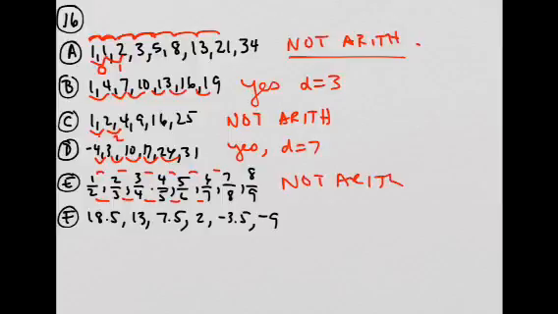Letter F, this one would be a negative 5 between here, negative 5.5. This one negative 5.5. The same, and the same. So this one is yes. The difference is negative 5.5.